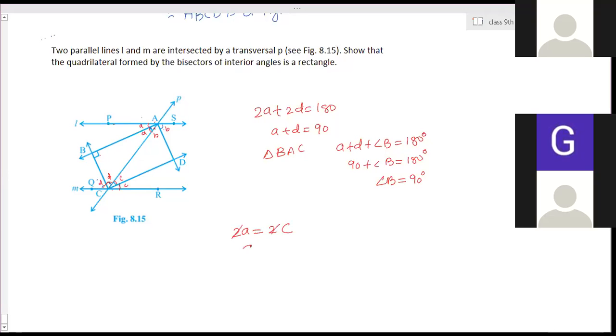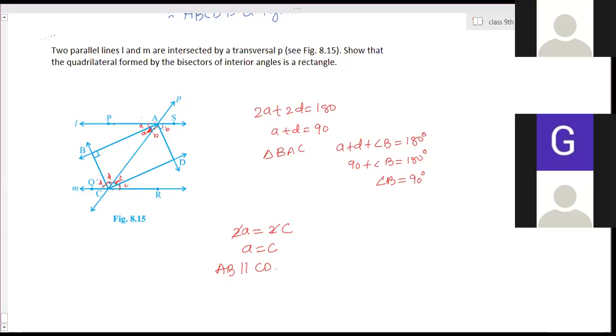The 2 gets cancelled. A is equal to C. So this angle A and this angle C are equal. So what does this show? If A and C are equal, that means AB and CD are parallel. These are alternate interior angles. Therefore, AB is parallel to CD.